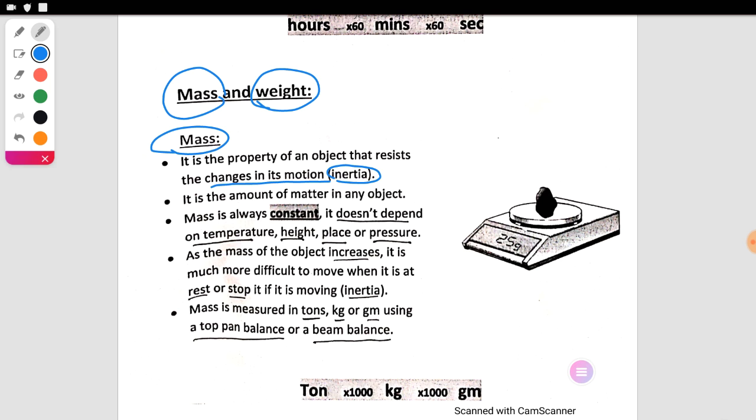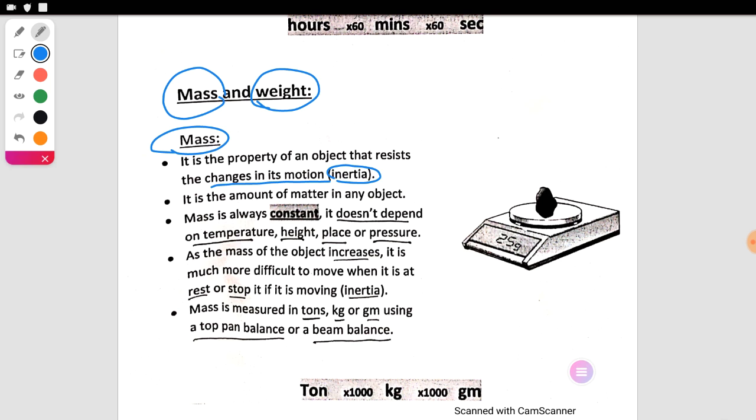As the mass of an object increases, it is much more difficult to move it when it is at rest, or to stop it if it is moving, due to inertia. When the mass increases, inertia increases.